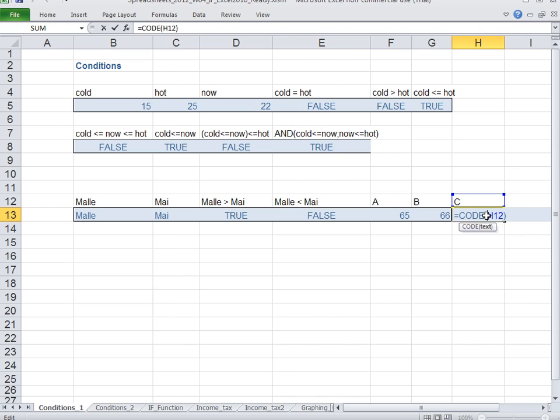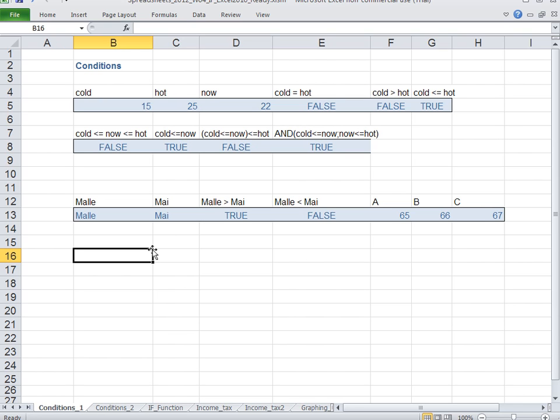And now it turns out that if we compare, this is less applied in the present situation, but it's important for something that's going to come later on. If we compare, for instance, two names of women, one is Malle and the other is Mai. If we compare them, then what Microsoft Excel does, it takes those letters one by one, and we could say that it makes a dictionary comparison.